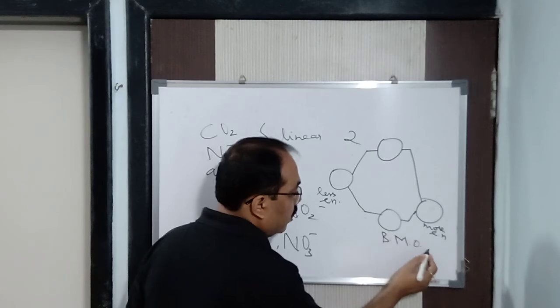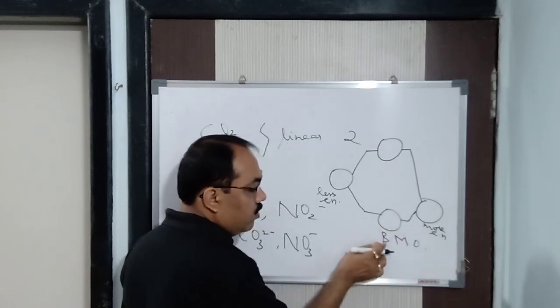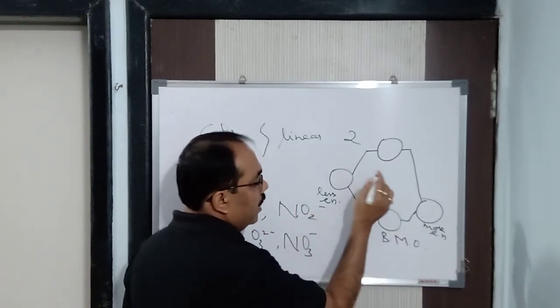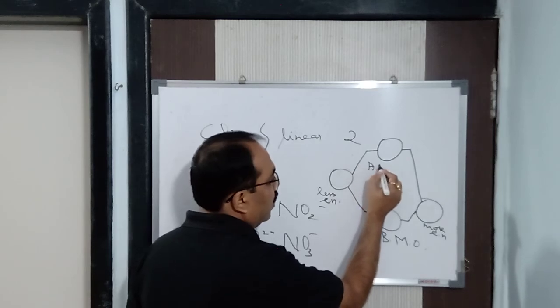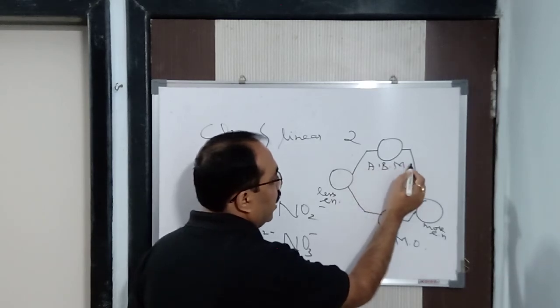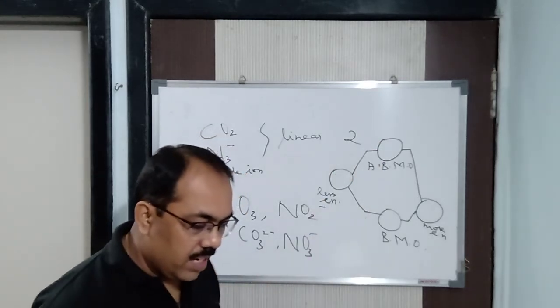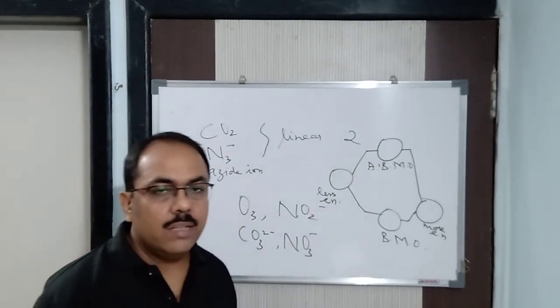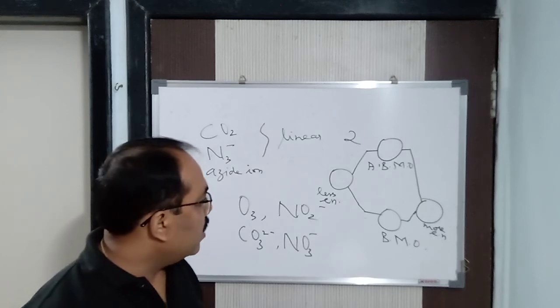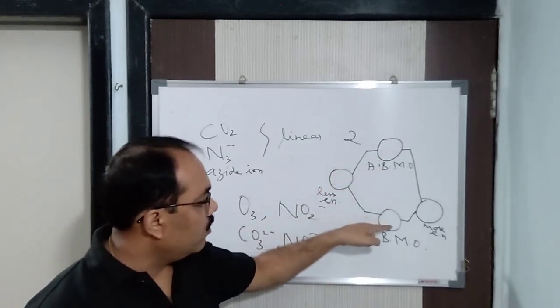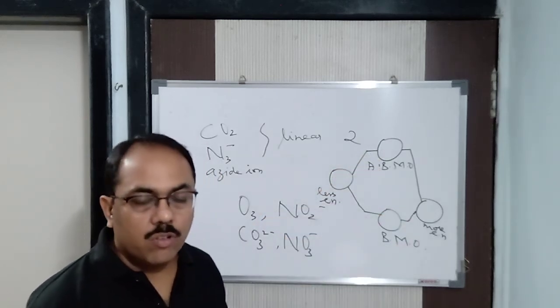The more electronegative atom will be towards the bonding molecular orbitals, and this particular one is your anti-bonding molecular orbital. The anti-bonding molecular orbital will be towards the less electronegative atom. So the less one will be towards the anti-bonding, and the bonding molecular orbitals will be towards the more electronegative atoms, so to say.